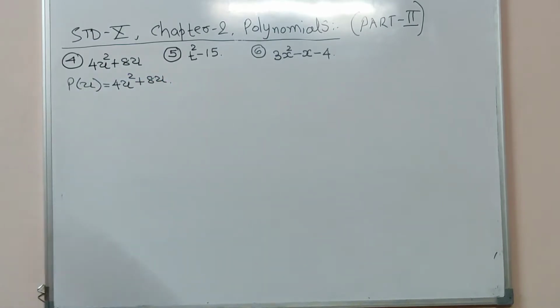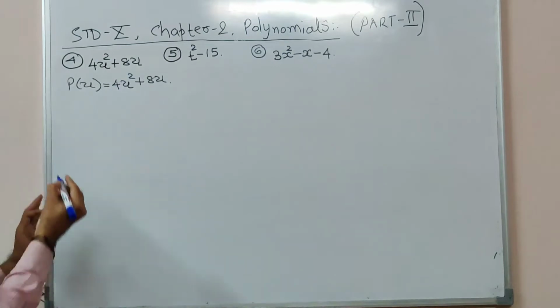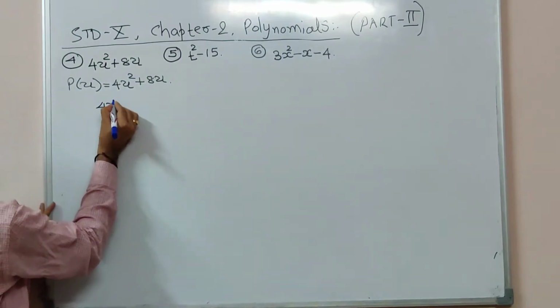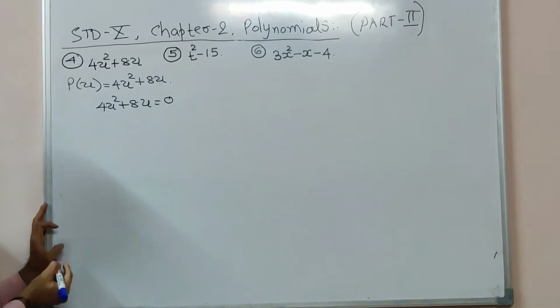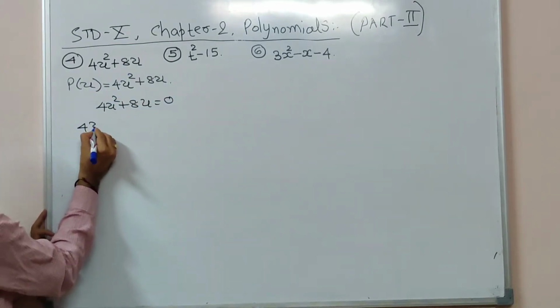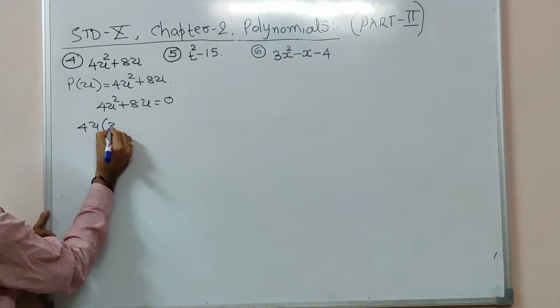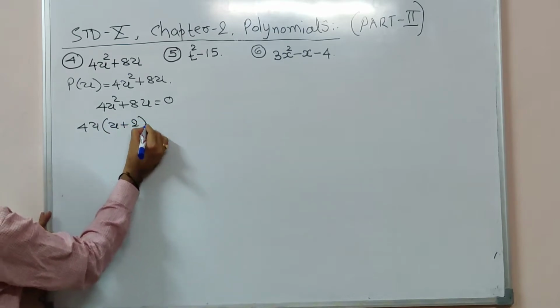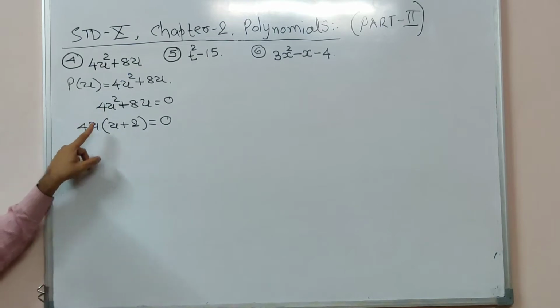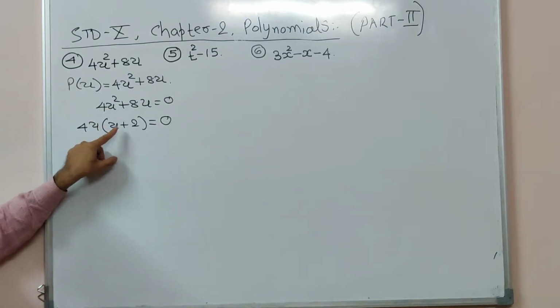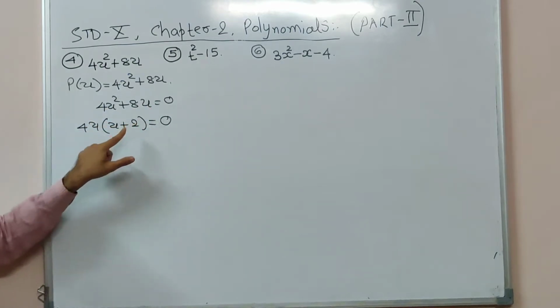The first question is to find the zeros. So 4u square plus 8u is equal to 0. You can take 4u common. So u plus 2 is equal to 0. Because when you take 4u common, the remaining term is u. Here when you take 4u common, you get 2.